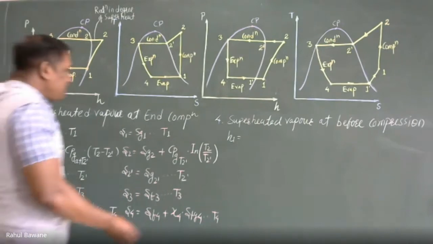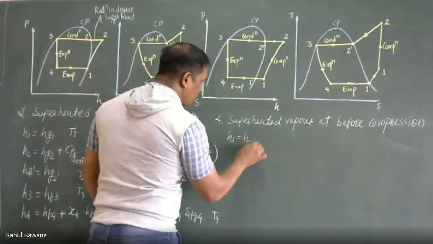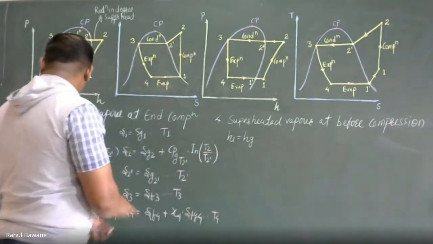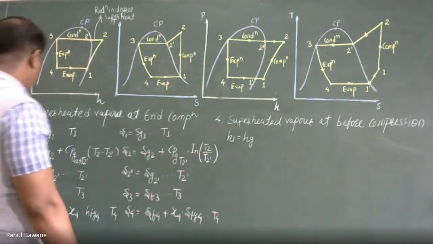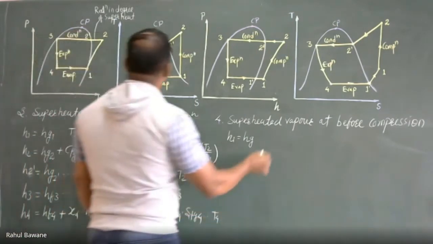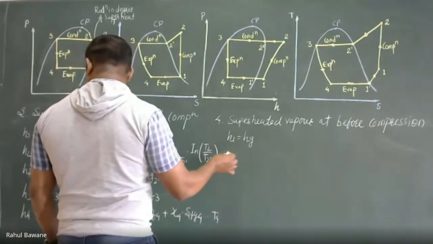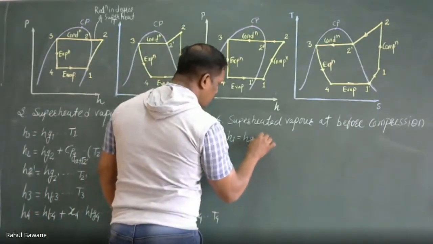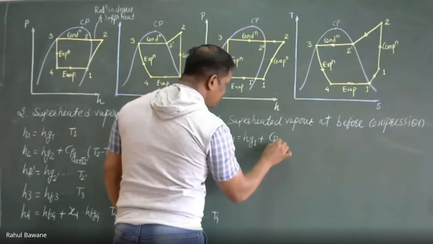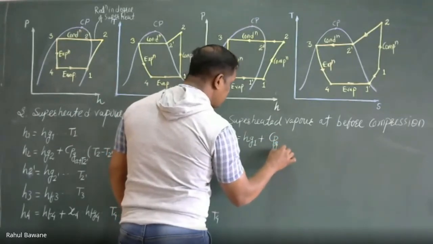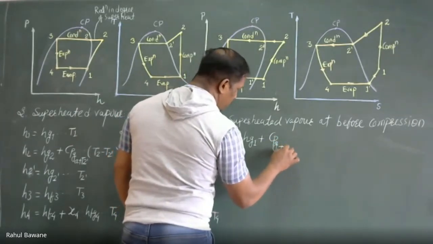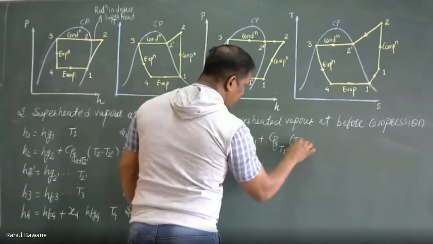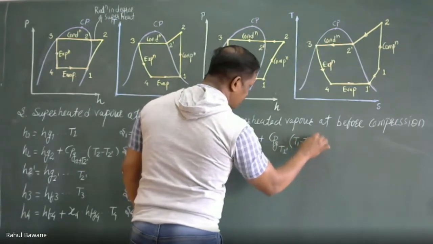So H1 will be Hg1 dash plus Cpg at temperature T1 dash multiplied by T1 minus T1 dash.